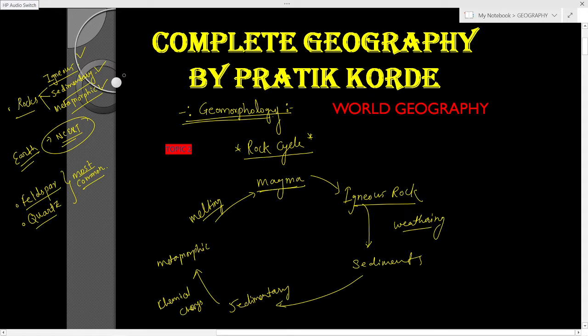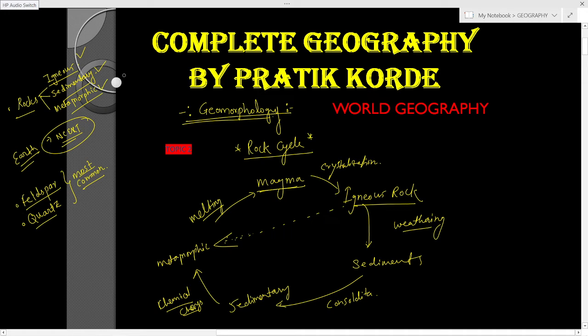When magma goes under crystallization, it will turn into igneous rocks, and igneous rock after weathering will become sediment. Now these sediments will consolidate and will become sedimentary rocks, and when there is a change in the chemical composition, it will transform into metamorphic rock. There is also a way by which igneous rock can change into metamorphic rock, that is chemical changes.